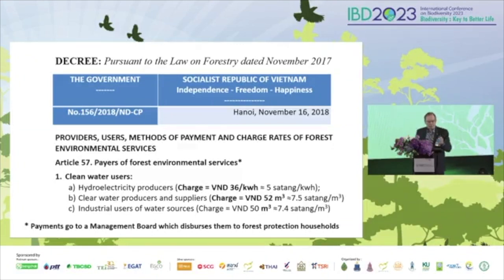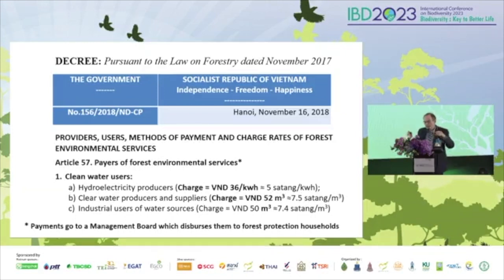In the first case, the hydroelectric producers now pay 36 dong, about 5 satang per kilowatt hour that they generate using the clean water that comes from the protected forest areas. And the other users of clean water, like industry, pay about 7 satang per cubic meter.